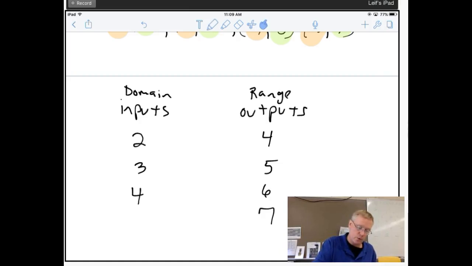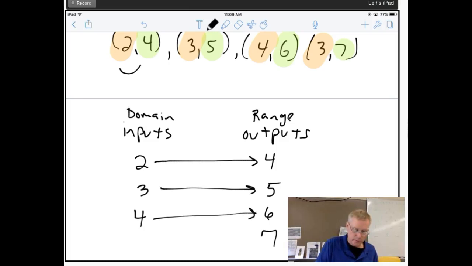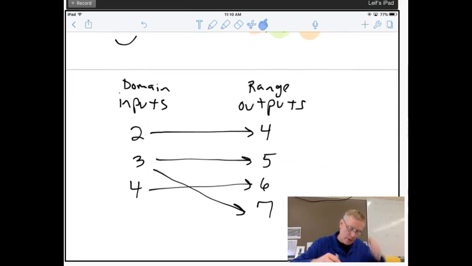Now I need to go from one point to the other, which means, 2 goes to 4, which means I'm going to put an arrow that way. 3 goes to 5, 4 goes to 6, and 3 goes to 7. So that's my mapping diagram. Okay, so that would be half of the question. The other half is asking whether it's actually a function or not.